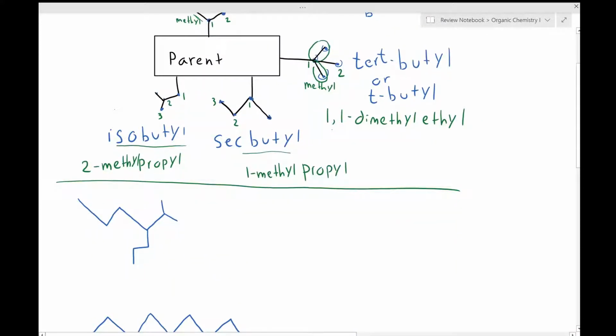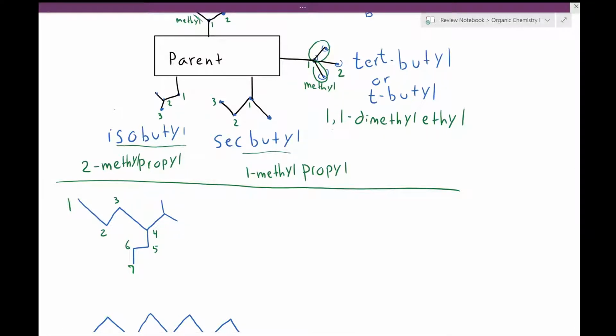Starting with this one over here, the first thing we need to do is count the carbons in our longest chain. We'll start at the top left. We got 1, 2, 3, 4, 5, 6, 7. If it went the other way, it'd be 5, 6. So that's not the longest.